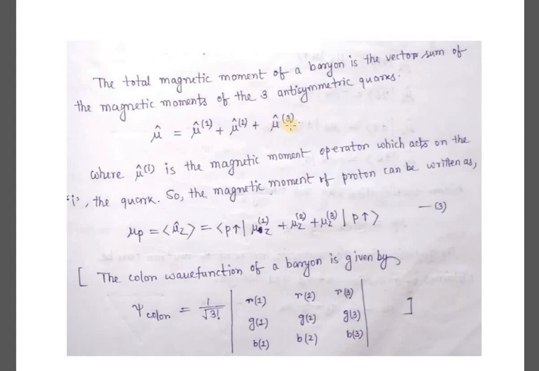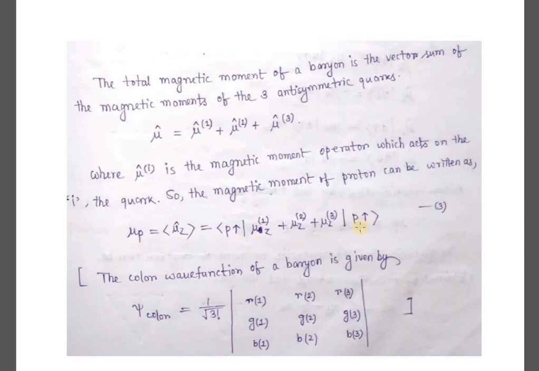So I've used the indices 1, 2, 3, and so mu i is the magnetic moment operator which acts on the ith quark. As a result, the magnetic moment of proton can be written as here, mu p.